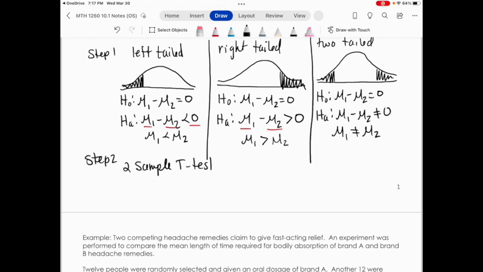In step 2, if we have the justification, then we would use the two-sample t-test to get our p-value and our test statistic.